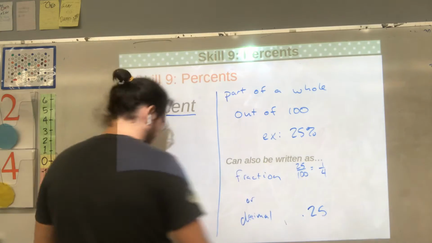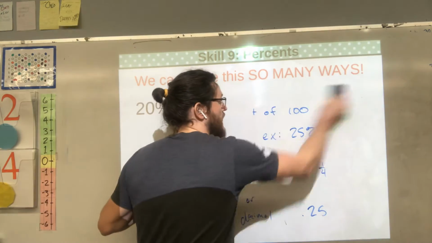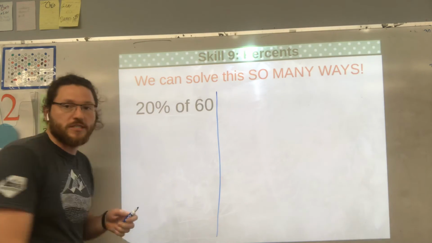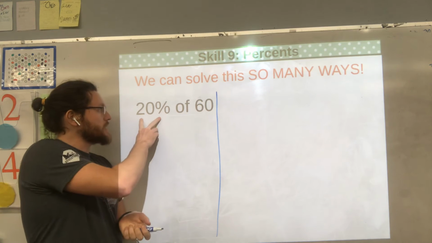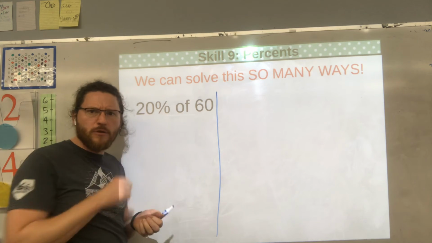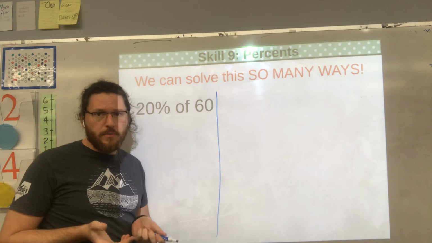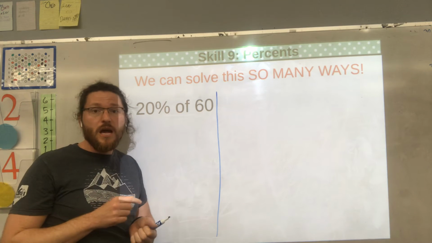We're going to do a couple practice problems here, and we're going to start pretty slow today. The first one that I need in your boat book is going to be 20% of 60. So what number represents not the whole thing, but only 20% of 60? These problems today are going to be pretty straightforward, and there are a ton of different ways that we can solve this.